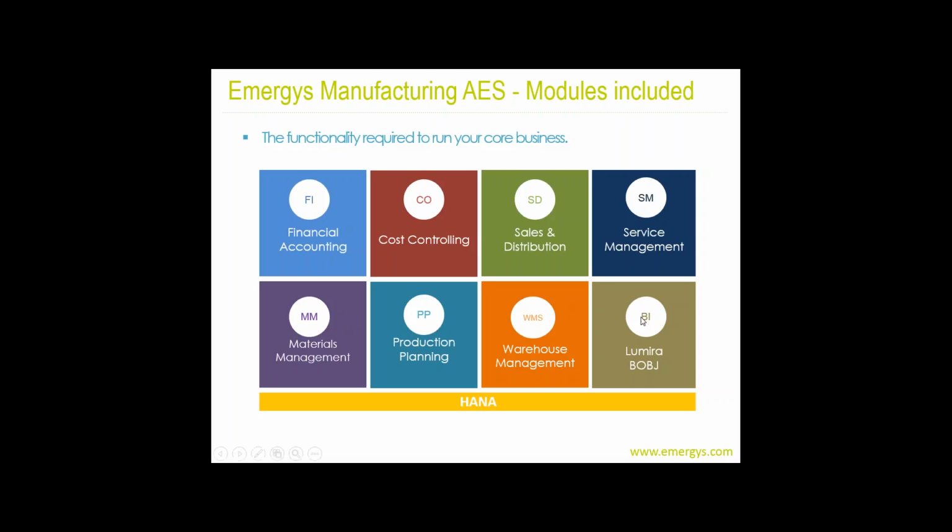So you also see business intelligence here in the bottom right. We typically bundle a BOBJ grouping, business objects grouping of Crystal Reports, dashboards, Analysis for Excel, and so on. Or we deliver Lumira, which is more of a predictive analytic tool. Sometimes we deliver both. It's really up to the customer again.